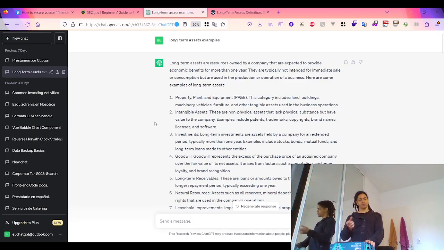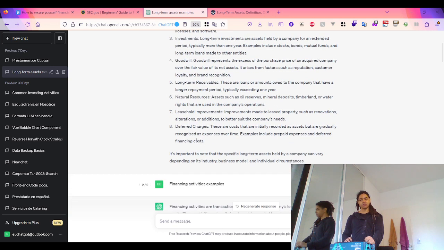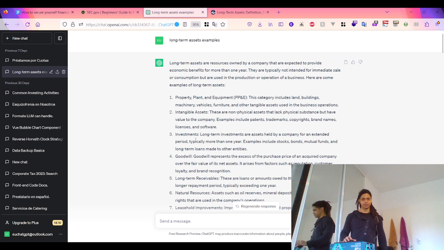Examples are property, plant, equipment, intangible assets, investment, goodwill, long-term receivables, which is when you lend money to others, leasehold improvement, and deferred charges.